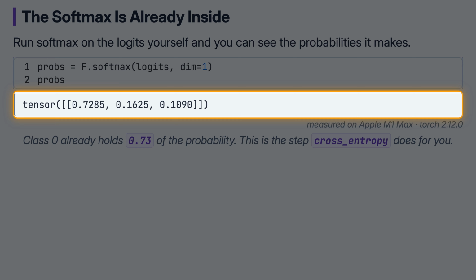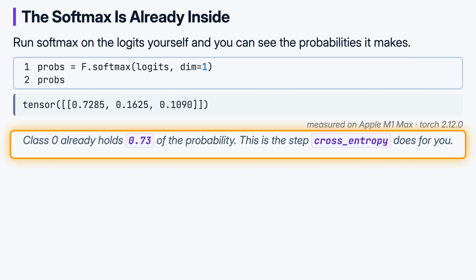They come out as 0.7285, 0.1625, and 0.1090. 3 real probabilities, and they add up to 1. Class 0 already holds about 0.73 of the probability, and this exact step is the one F.cross_entropy does for you, inside itself.